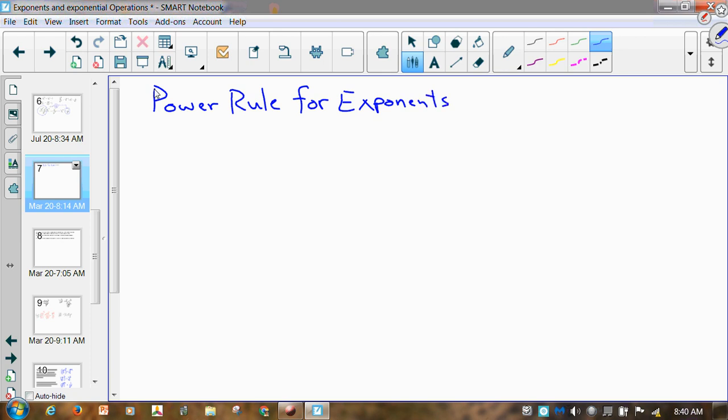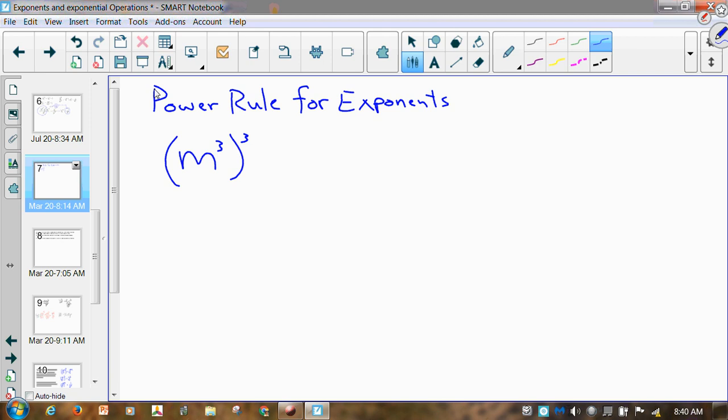In the power rule, just like when we add exponents when we multiply two numbers, if we raise a power to a power, all right? So let's say we've got m cubed raised to the cube.